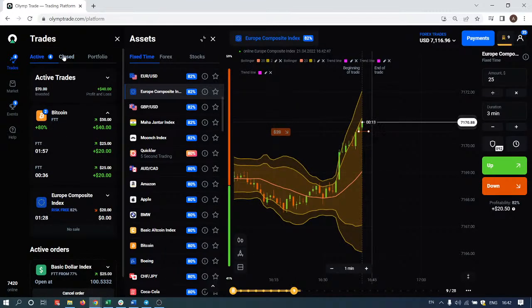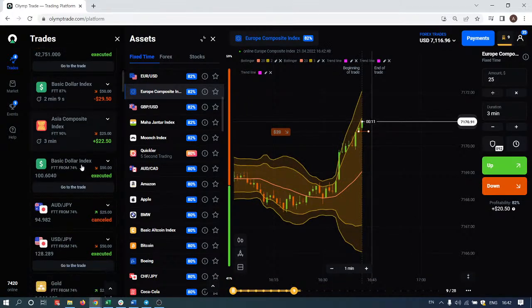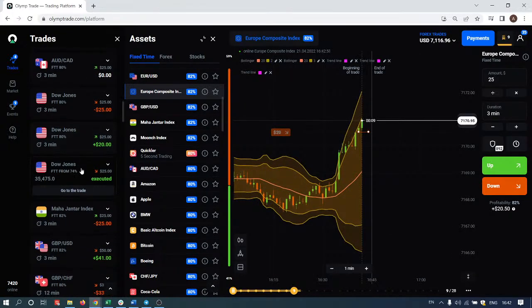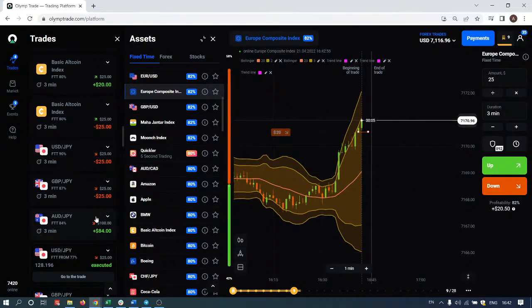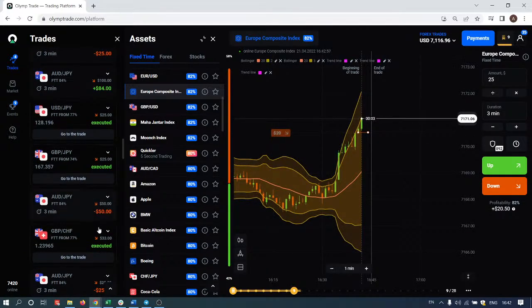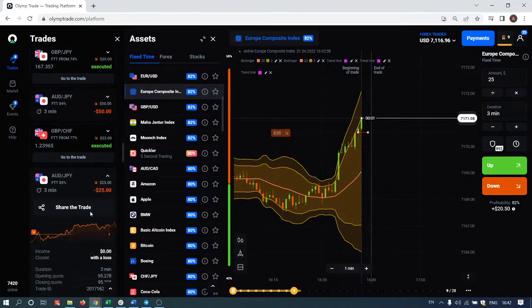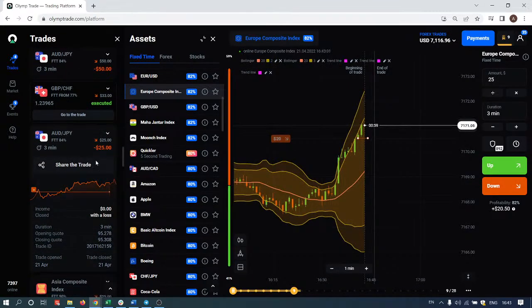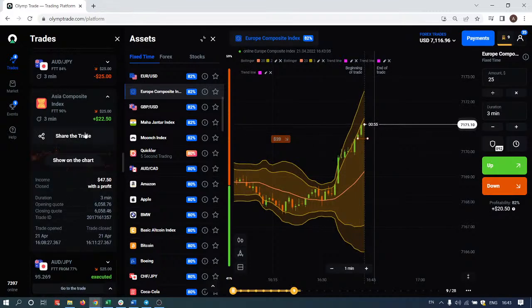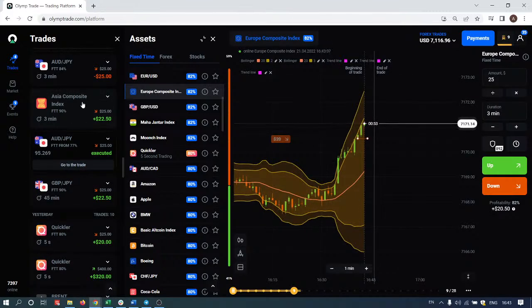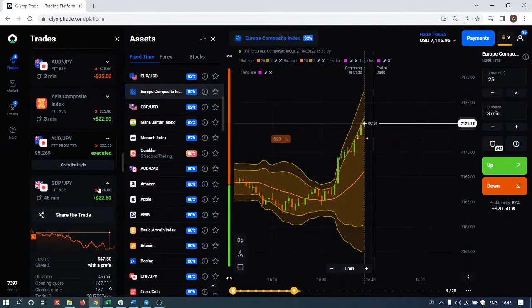I want to calculate the trades that I opened today. So when did I start? I started with Asia Composite Index.